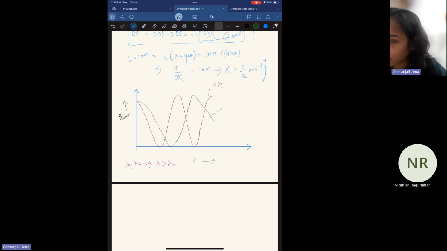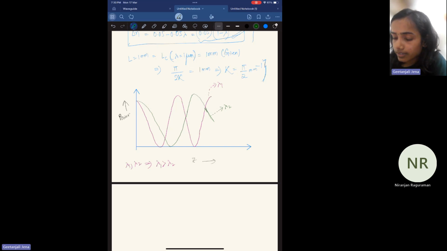This is for lambda 2. The graphs are not perfect, but okay. It's not like a step function, but like this.